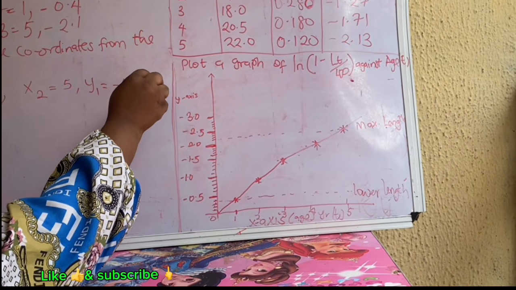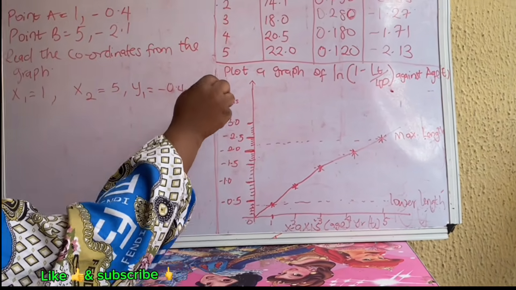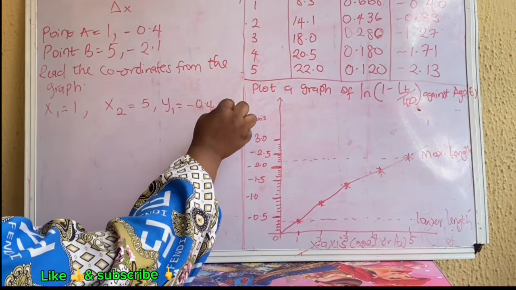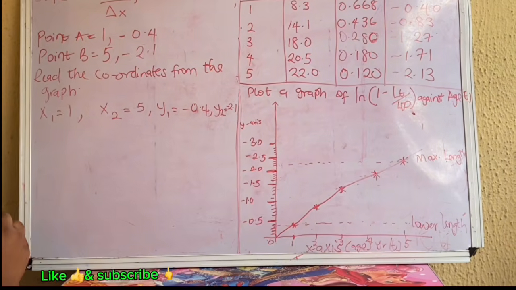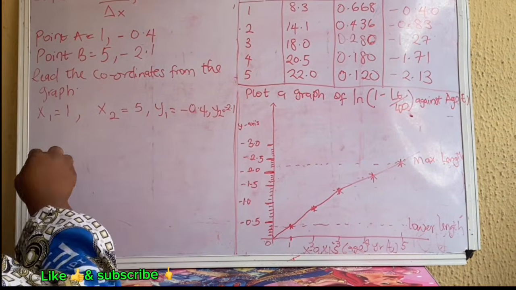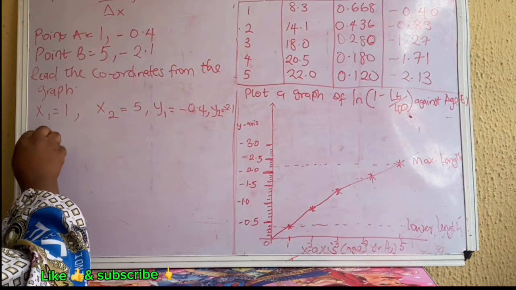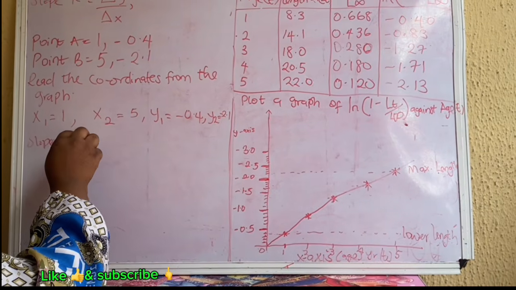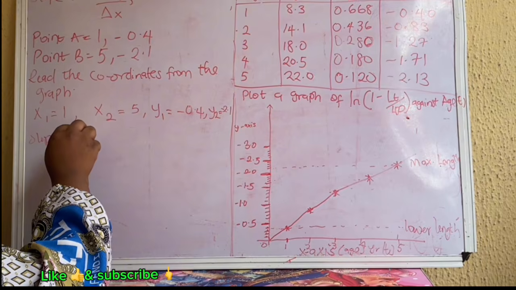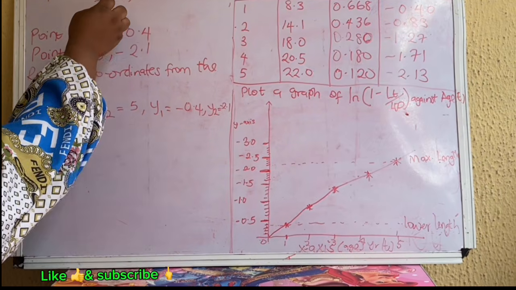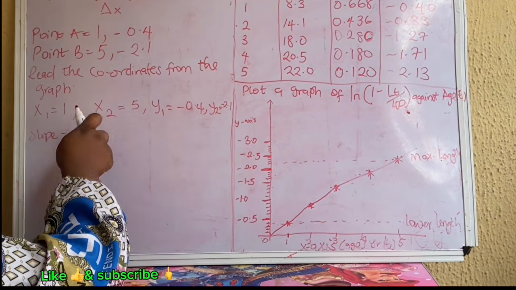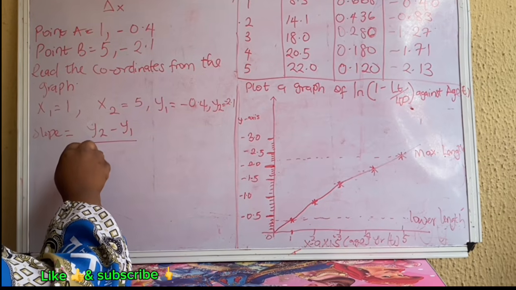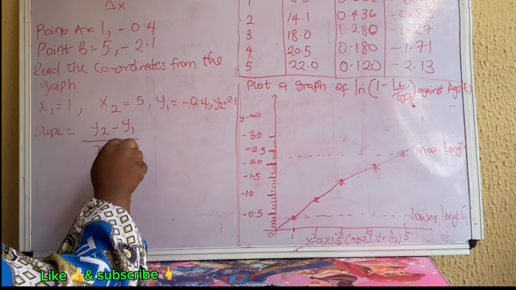Your y2 is equal to minus 2.1. That's it. So from your slope formula, slope, which is minus k, is change in y over change in x, which is y2 minus y1 all over x2 minus x1.